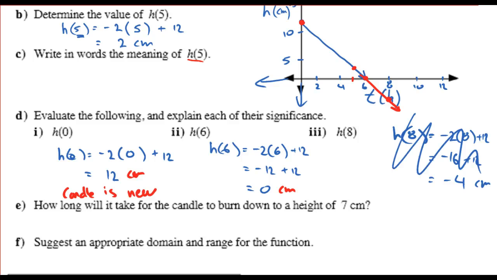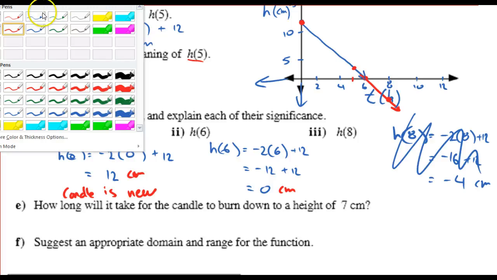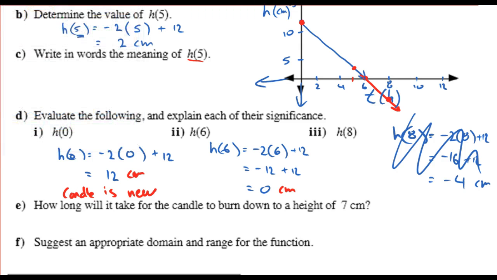All right. How long will it take for the candle to burn down to a height of 7 centimeters? Okay, now they're asking us to work backwards. Basically they're telling me what is the, sorry, made a mistake there. It's not f, it's h for height. So h at t equals 7 centimeters.